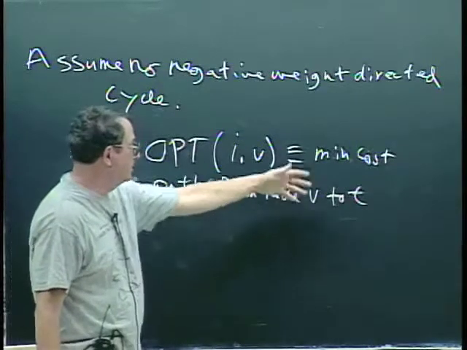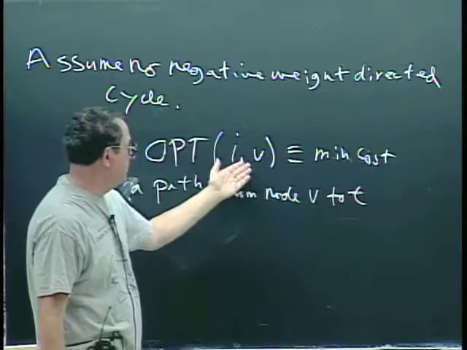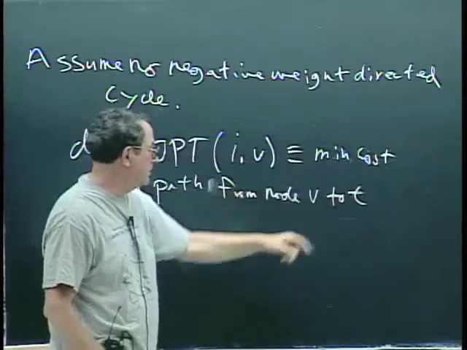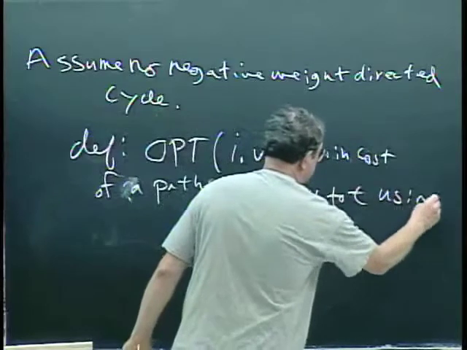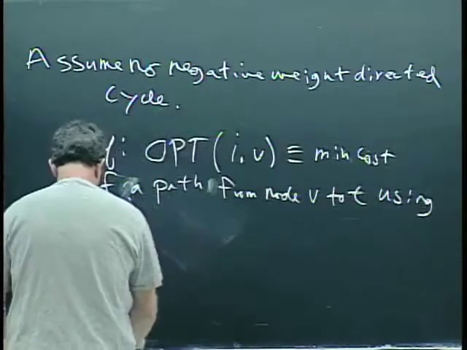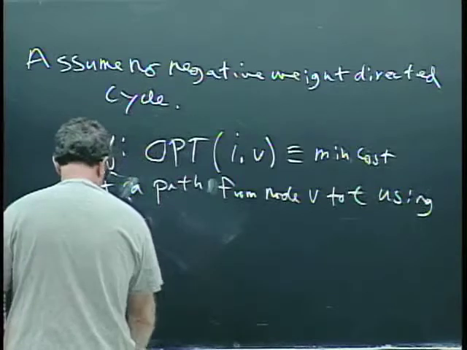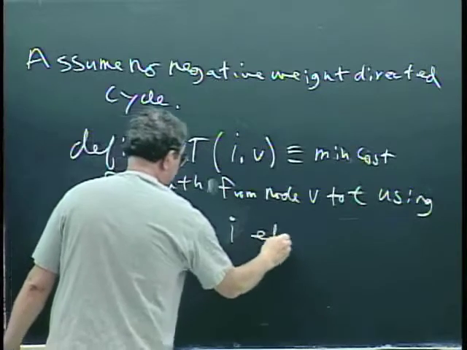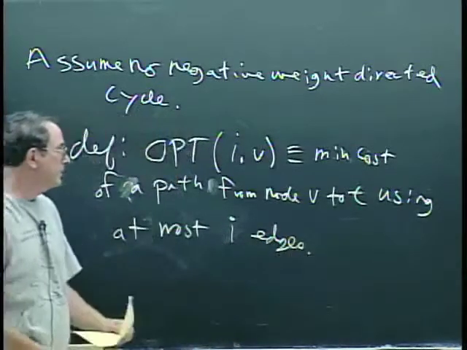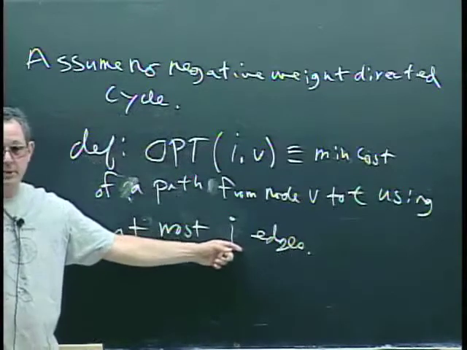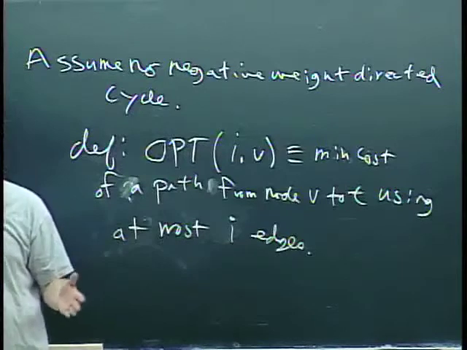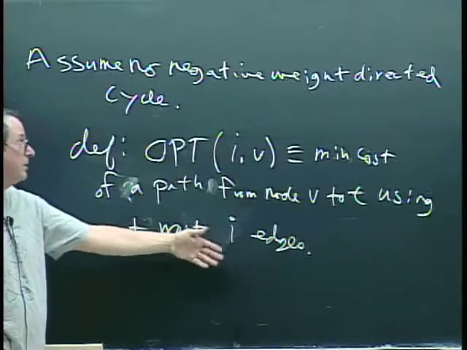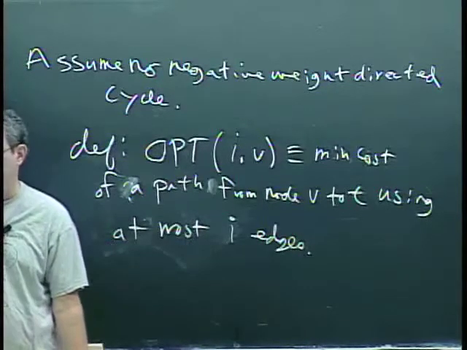In order to solve the S to T problem, we're going to actually solve the problem of shortest paths from each node to T. So from V to T, using at most I edges. Okay, so this is really where the subproblem comes in, because the full problem is that you want to find paths in the graph and without any restriction on how many edges they use.